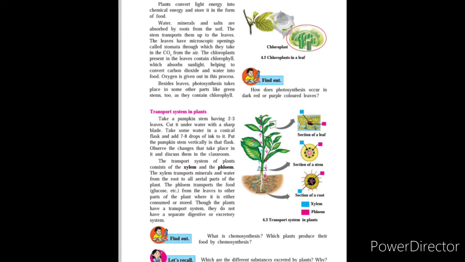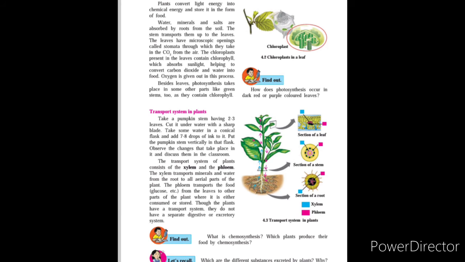The phloem transports the food, glucose, from the leaves to the other parts of the plant. Water, minerals and salts absorbed by the roots are transported by xylem to all parts of the plant, and phloem transports the food prepared by the photosynthesis reaction, glucose, from the leaves to the other parts of the plant, where it is either consumed or stored.